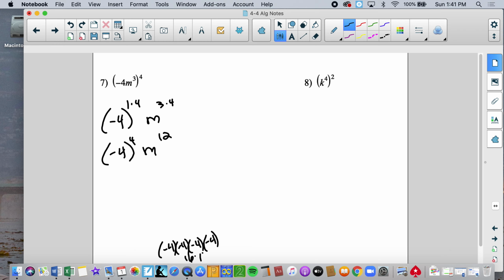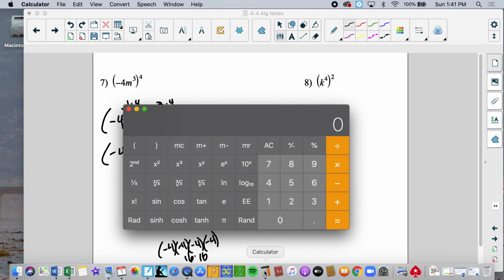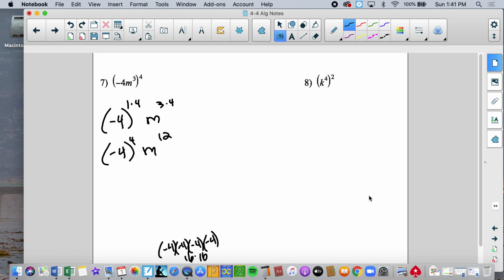That's 16 times 16. I don't know what 16 times 16 is, so I take out my handy dandy notebook. Right. 16 times 16, 256 m to the 12th. And since there were an even number of negatives that I was multiplying, I knew my answer had to be positive also.